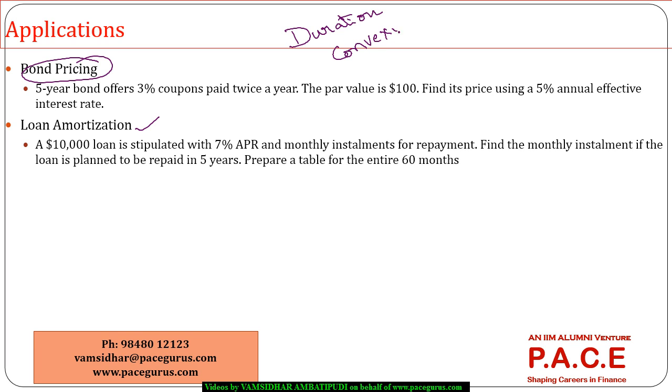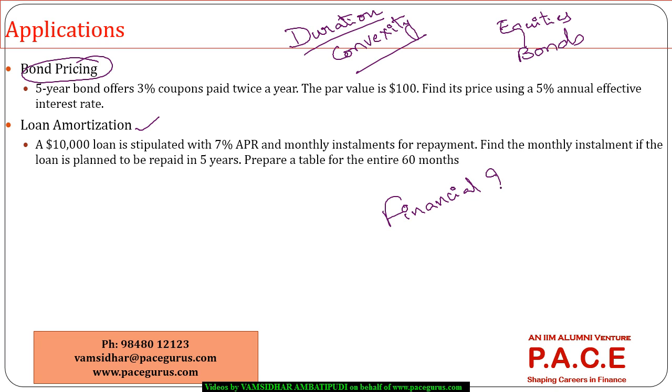So there are many practical applications in the world of equities and in the world of bonds. For almost every financial instrument that we are talking of, the valuation typically goes with the present value computation itself: the present value of the future expected cash flows.